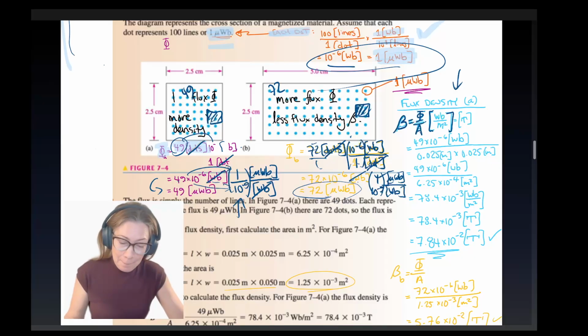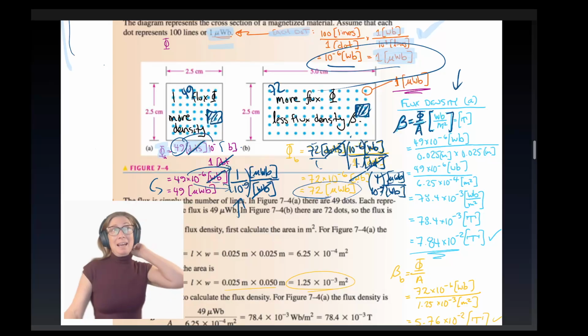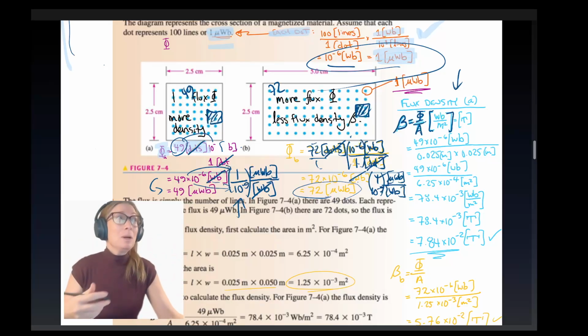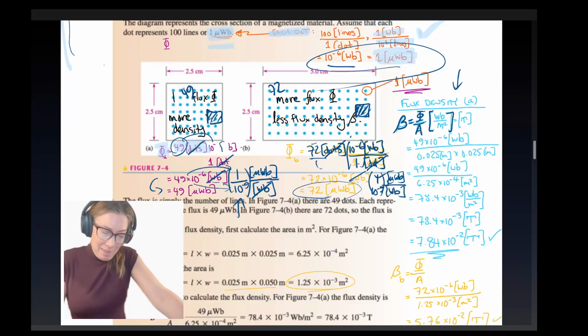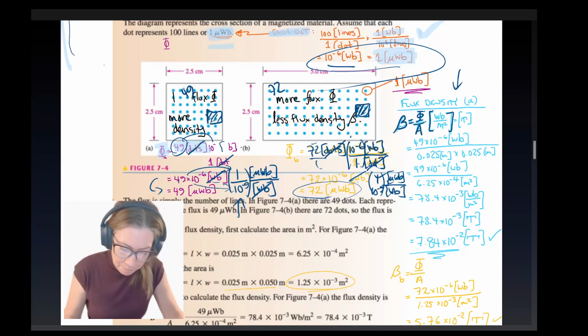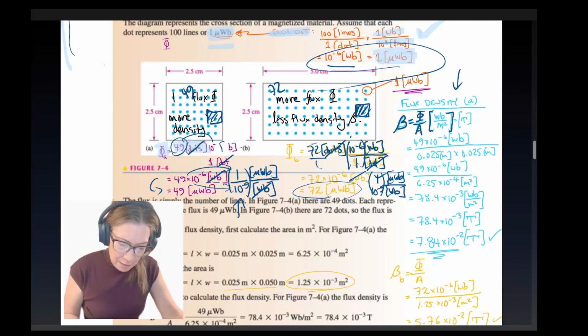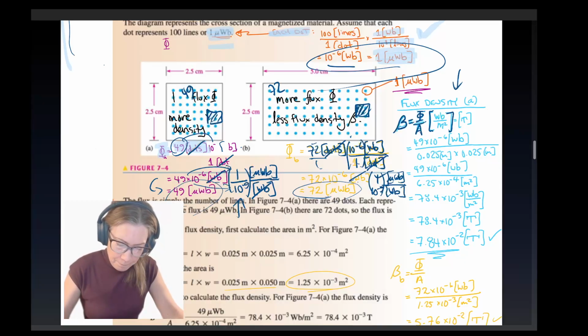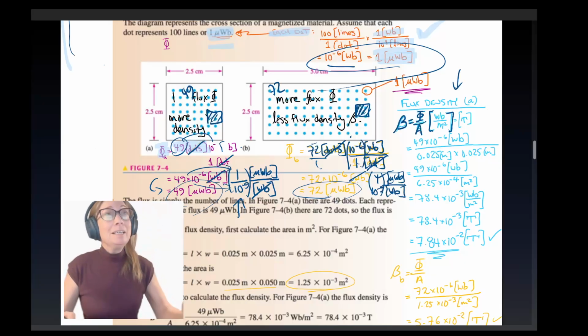Okay. So I am going to start with my formula. My formula is flux density equals Weber per meter squared. We know Tesla came along and wanted to put a Tesla unit on it, but I'm going to keep that Weber per meter squared. I know flux because I just calculated it here. So it's 49 microwebers.